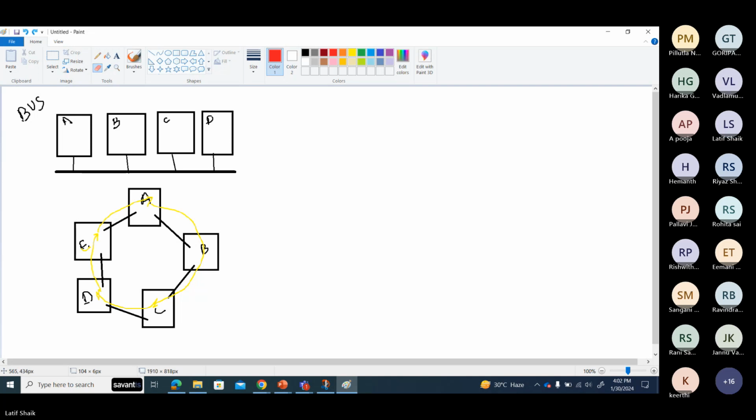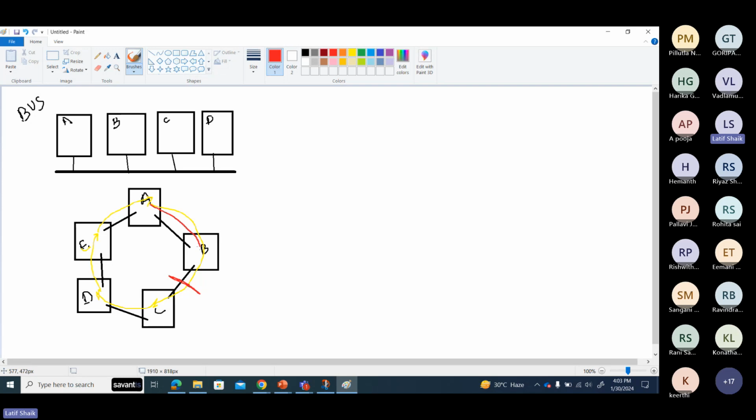Second, if a line is broken, the further communication will stop.